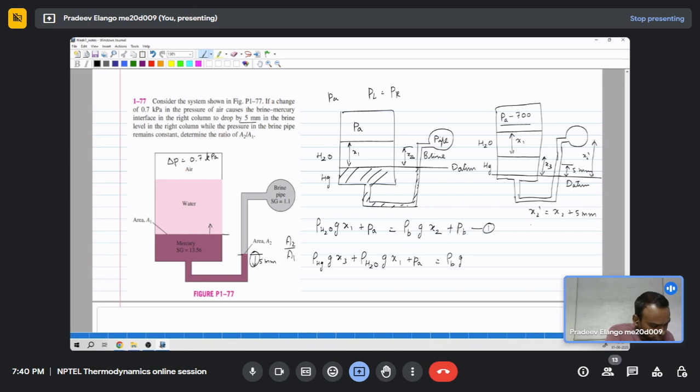Now this x2 has become x2 plus 5 mm. To write in SI units, I would write 0.005, and the pressure of the brine pipe remains unchanged.